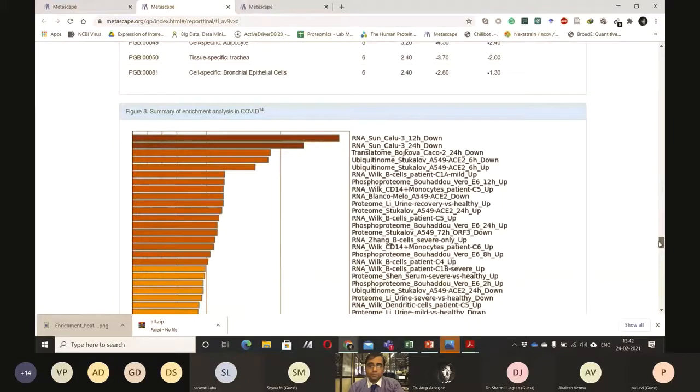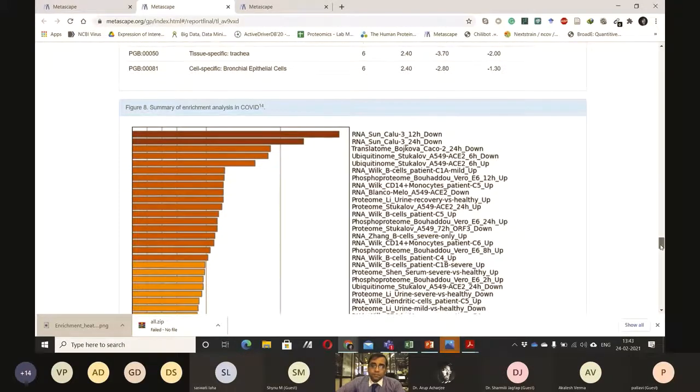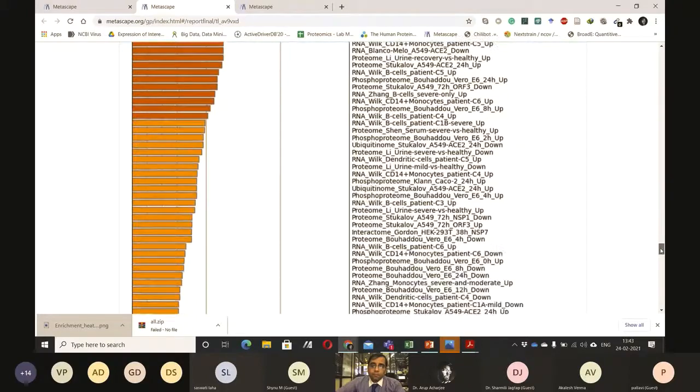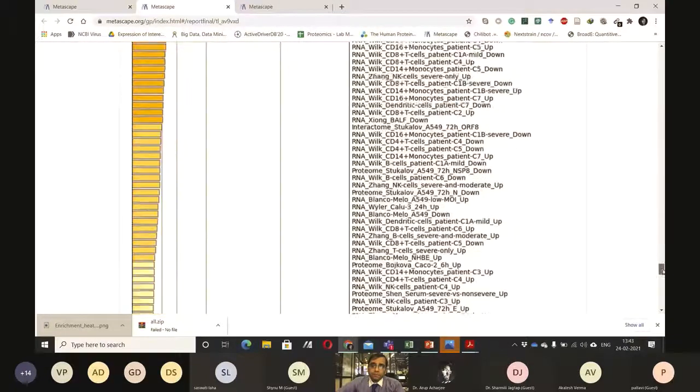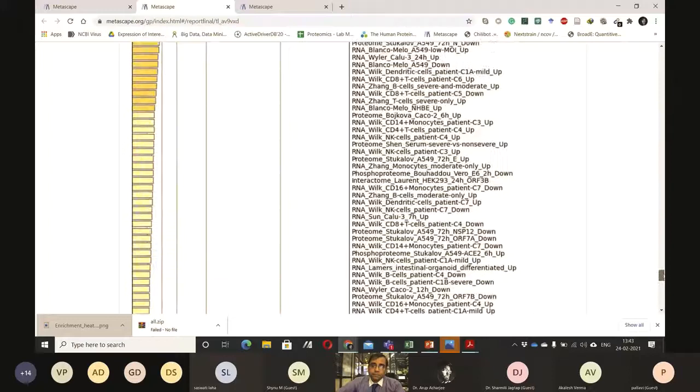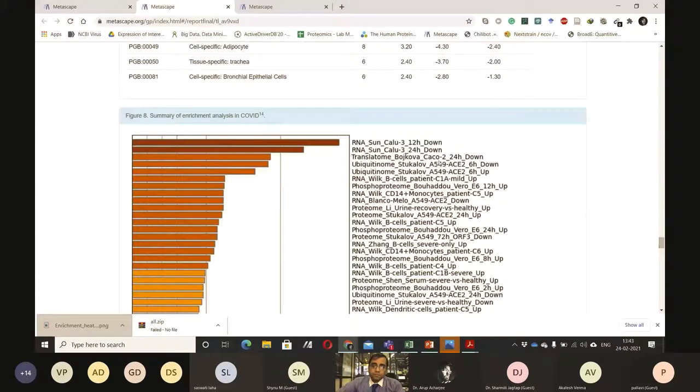But since it is a COVID data set, the software has very smartly detected that there is a significant match between what we are reporting and what other people have already reported. These are omics data sets from published COVID-19 analyses. And since ours was COVID-19 data, we can see there is so much match with already published data sets.